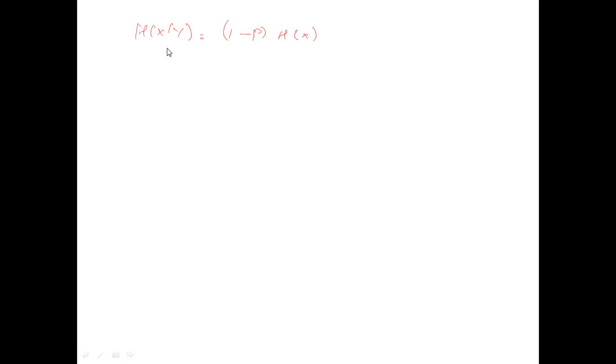So the error lost in the channel is nothing but the average information h of x, which is generated by the transmitter, with the probability of 1 minus p. So now we can write CS equal to maximum over P of x of h of x minus 1 minus p times h of x.